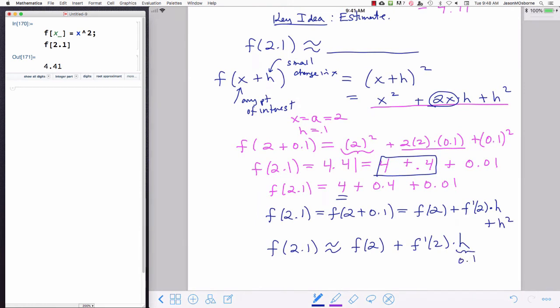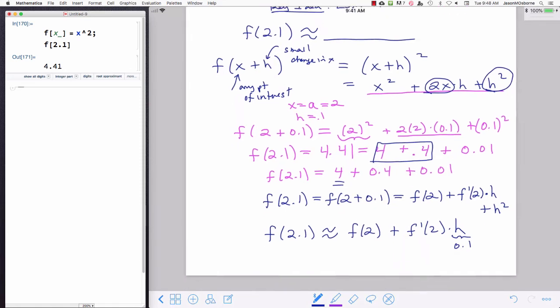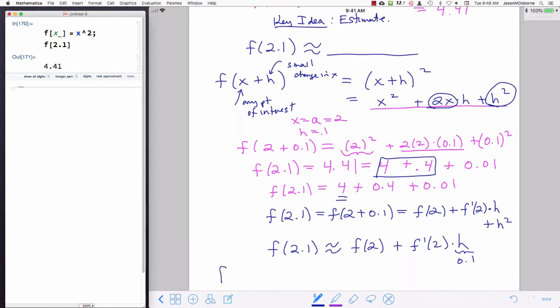So if you're just interested in approximating, we can drop off some terms here, the higher order terms in h, and then you can say that f of x plus h is approximately the function evaluated at any x plus the derivative function multiplied by the small change in h.